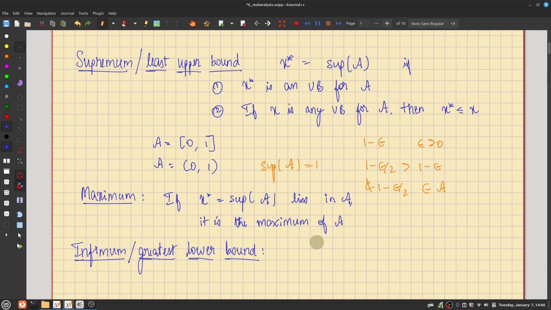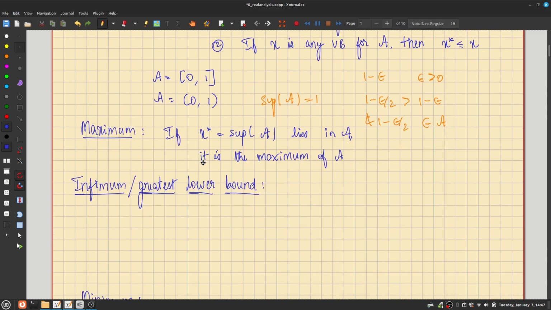Note that the maximum may or may not exist for a given set, just by these two examples. So in this case, the supremum is equal to 1 and the maximum is also equal to 1. In the second example, A equal to the open interval 0 to 1, the supremum is equal to 1, but this set does not have a maximum. That's a key point to keep in mind.